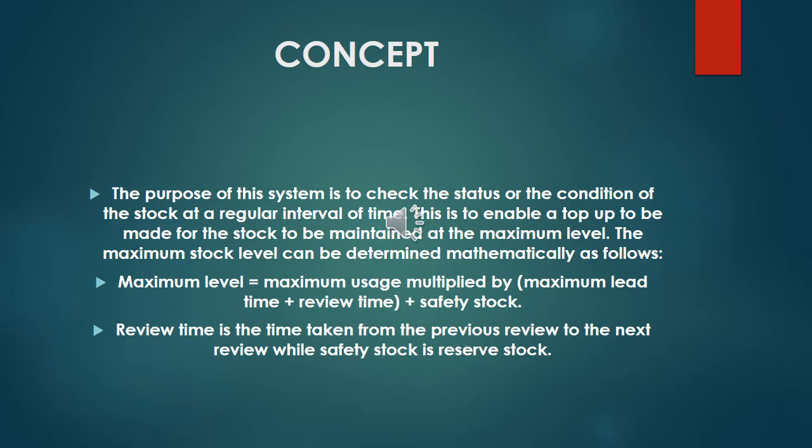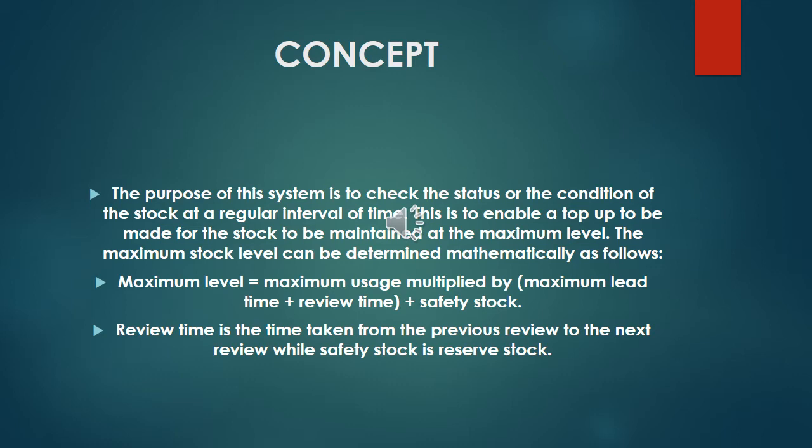The maximum stock level can be determined mathematically as the formula we have discussed up there. That formula: maximum level equals maximum usage multiplied by into brackets maximum lead time plus review time, close the brackets, plus safety stock.